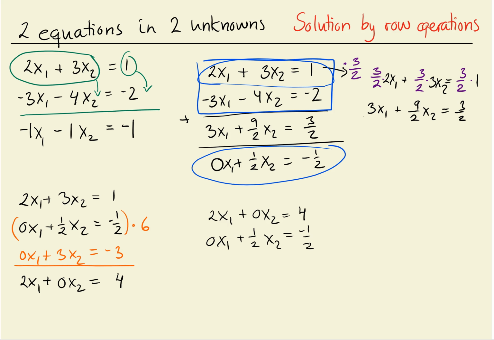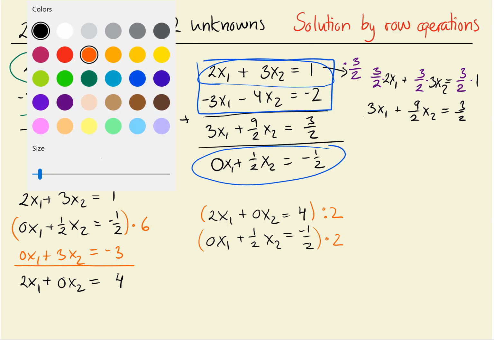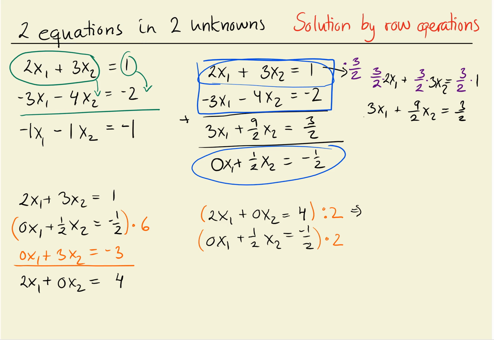And all I have to do now to reach the end of this is just to divide this equation by 2 and multiply this equation by 2, and that would give me 1x1 plus 0x2 equals 2, and 0x1 plus 1x2 equals minus 1.